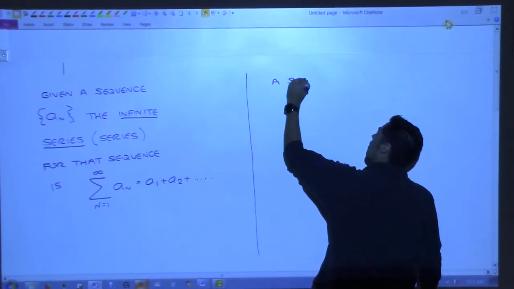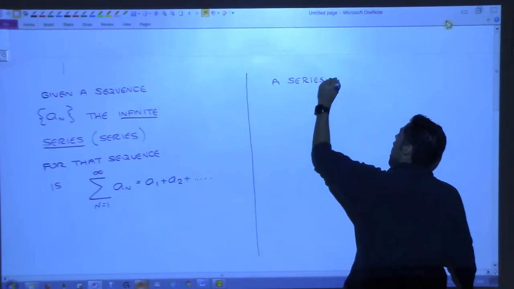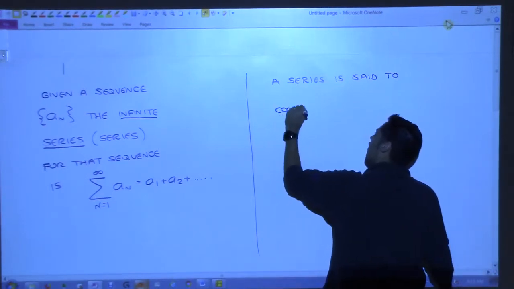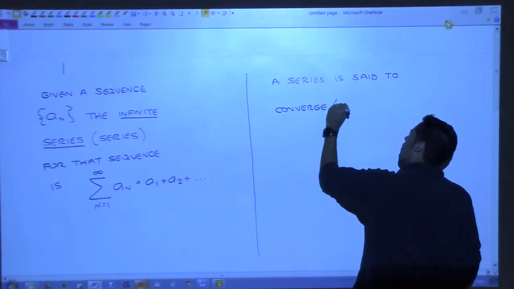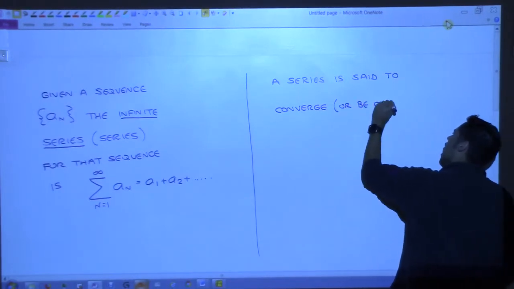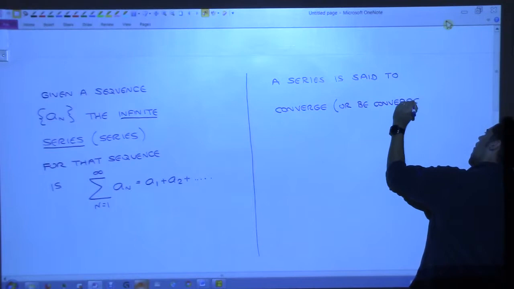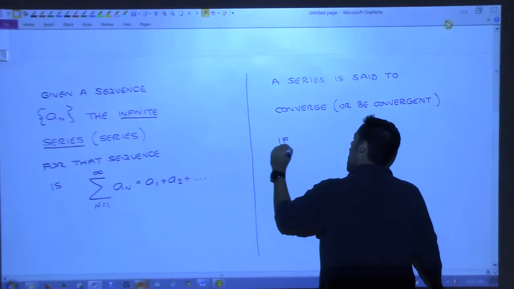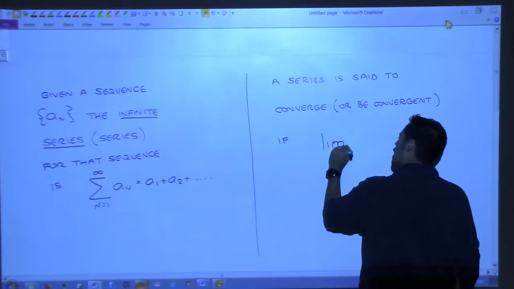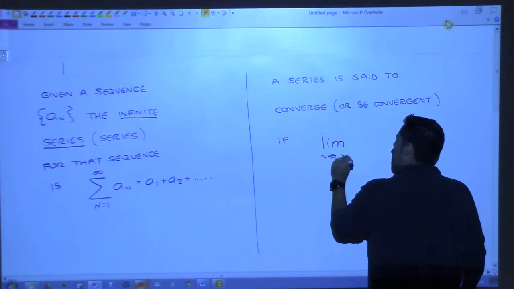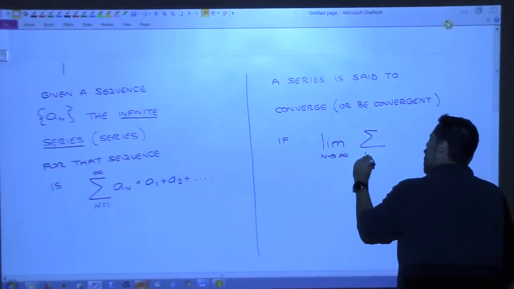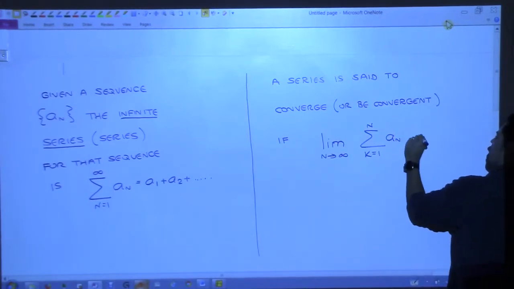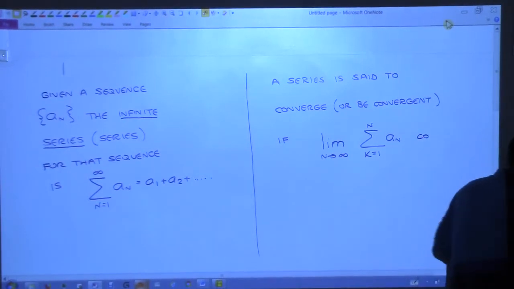A series is said to converge, or be convergent, if the limit as n goes to infinity of the sum k equals 1 to n of a sub k converges. Or I'll just say exists.